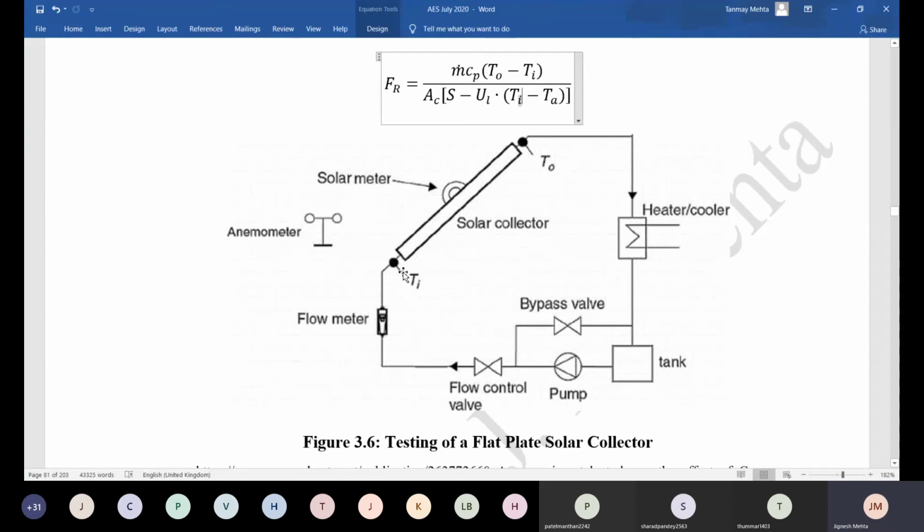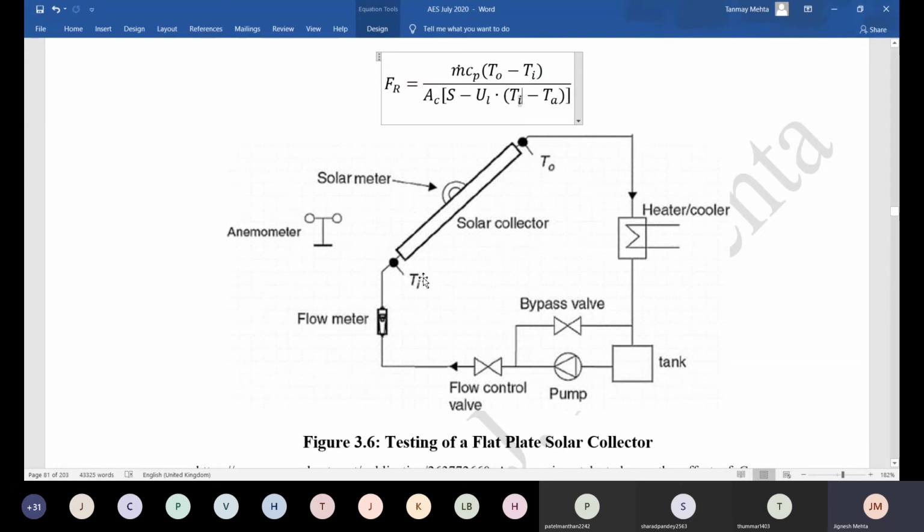While you are maintaining this, let's say at 50, you might change the input heat flux, right? That IT might be changed. At one point of time, you make IT equal to, let's say, 600 watt per meter square. Then in the next test, you take it at 700, then 800, 900, 1000.